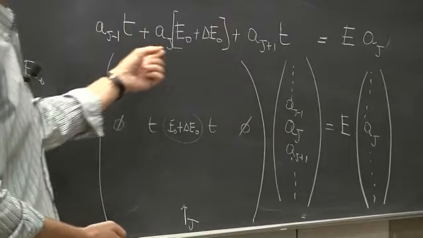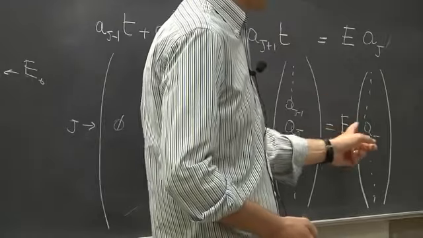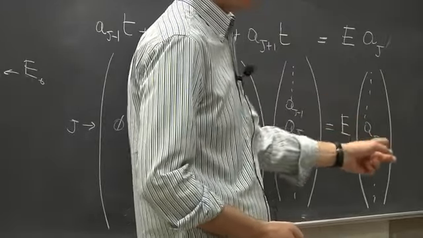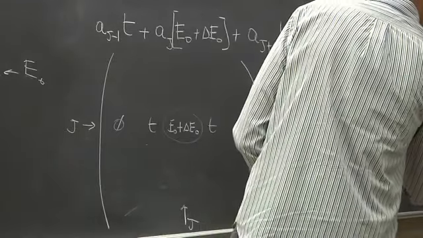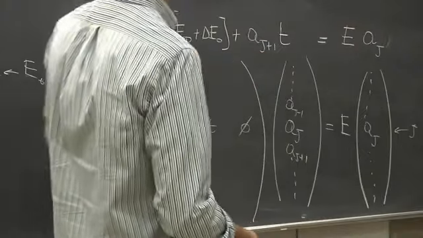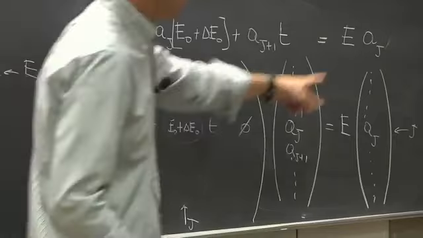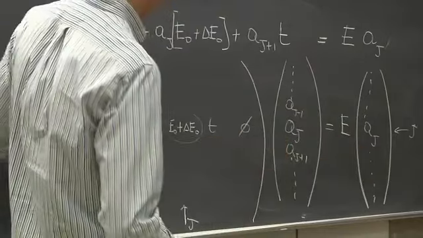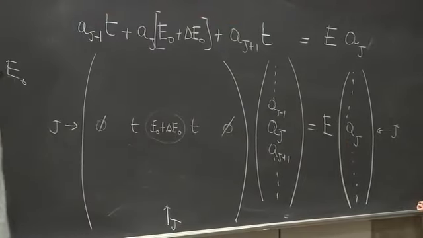This is exactly what I have on the left-hand side. On the right-hand side, the j term is E Aj on the j row. So this equation is just the equation for the j term of the vector. That is the product of this times this equal to E times the Aj term.